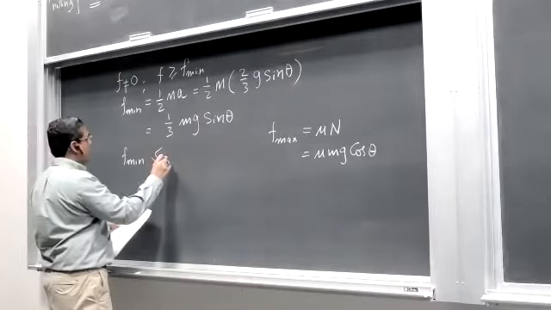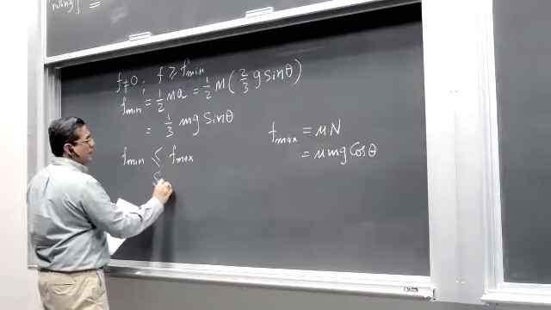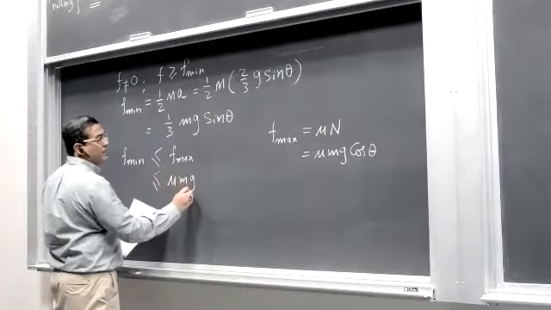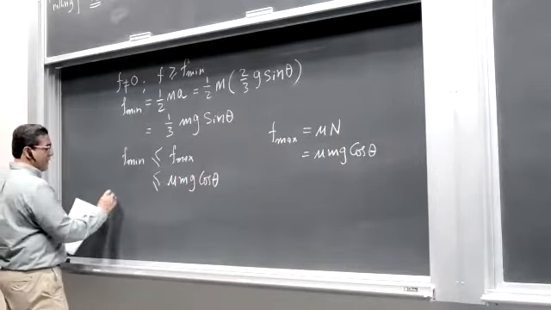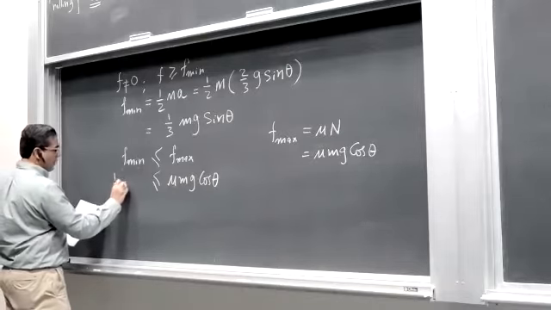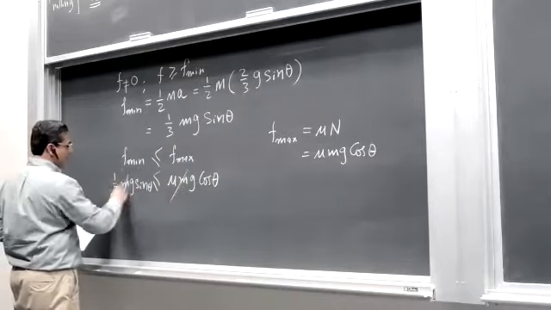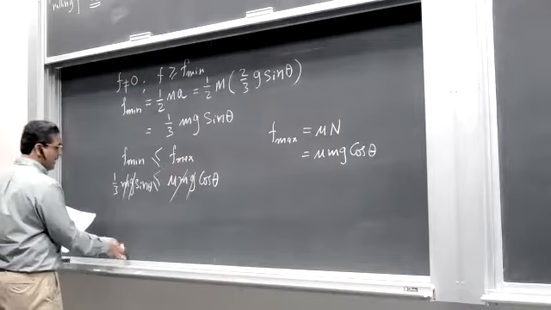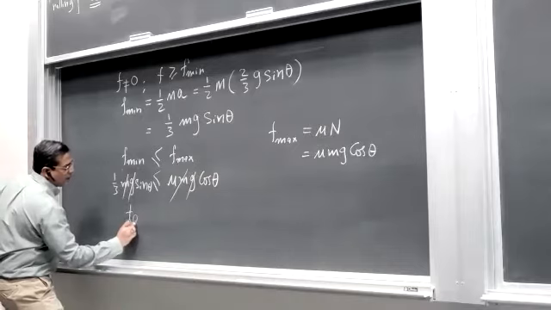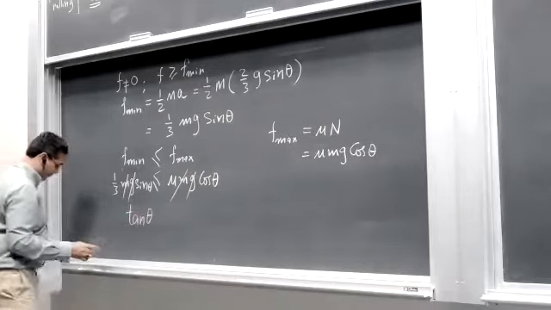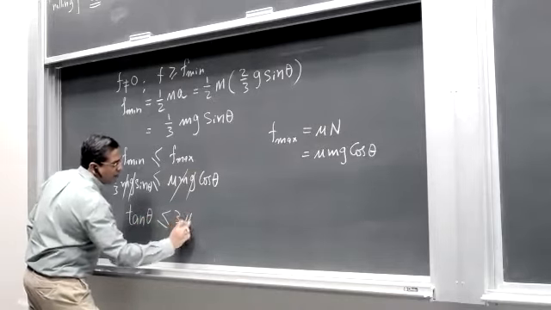So that means F max, mu mg cosine theta, and on this side we have 1 by 3 mg sine theta. Mass cancels, g cancels. If you simplify this further, you get a condition: tan theta less than or equal to 3 mu.